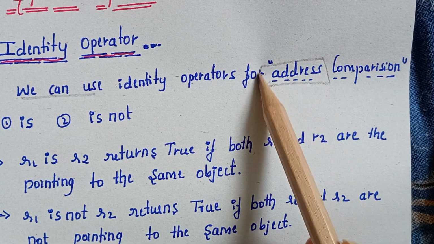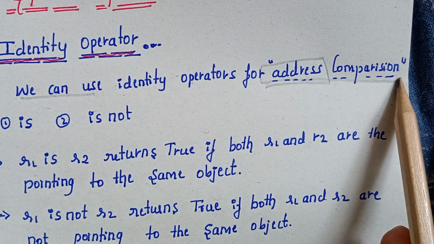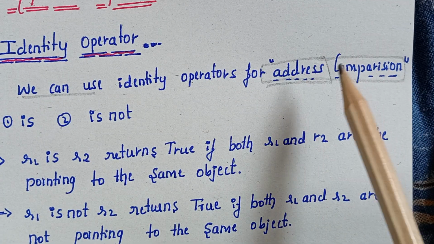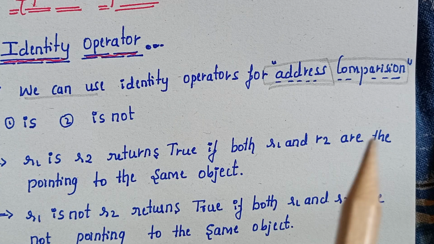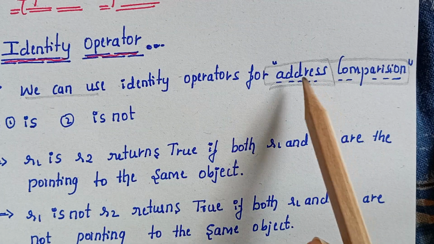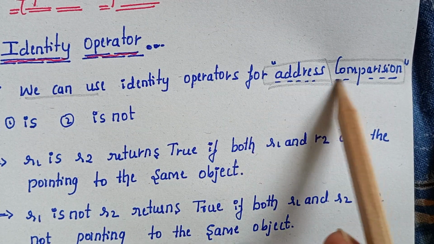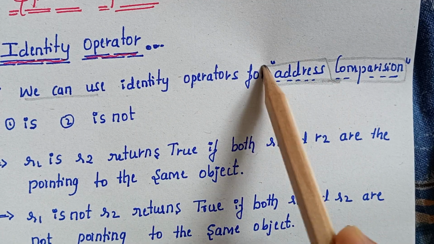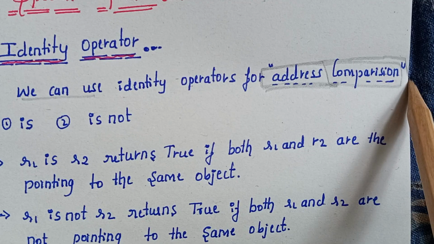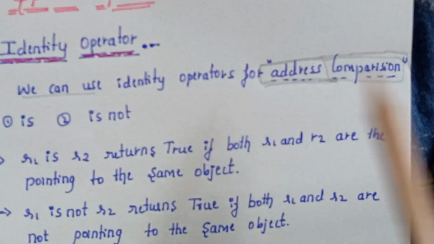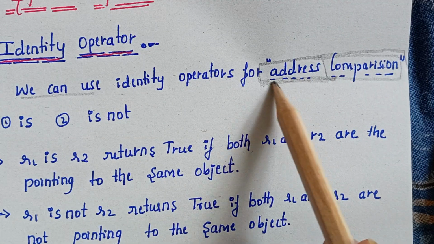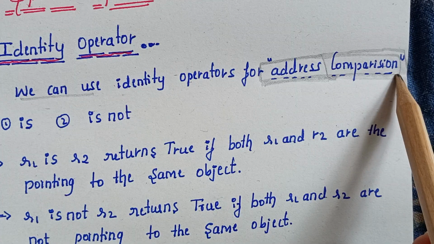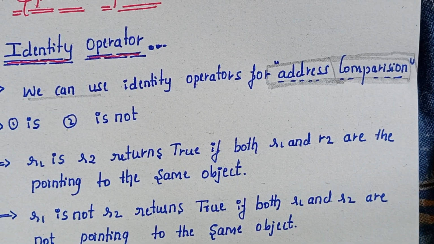This word is most important. Identity operator is mainly used for address comparison. That is the purpose for which the identity operator is used.